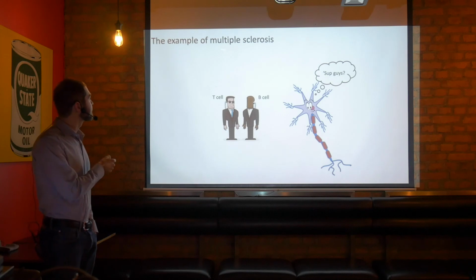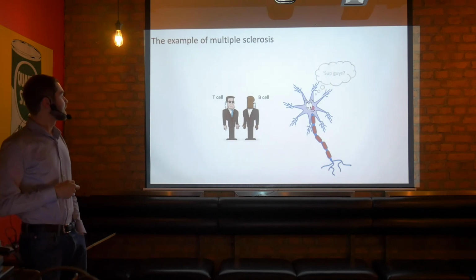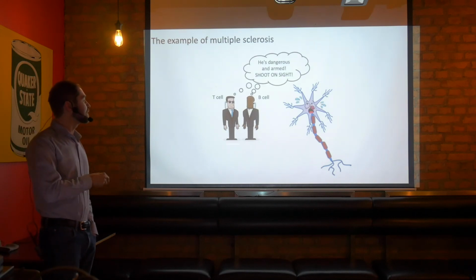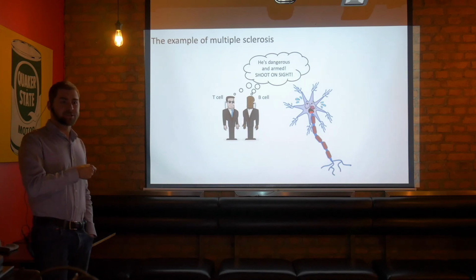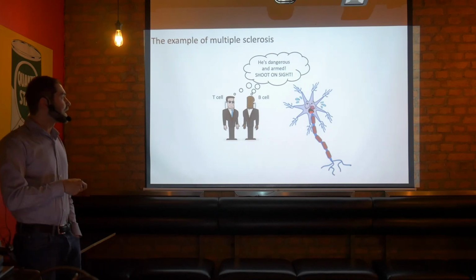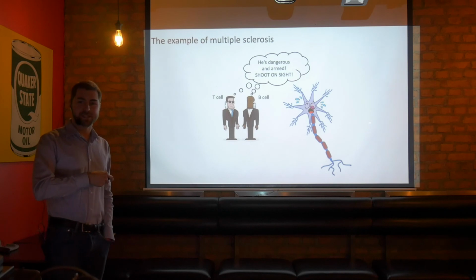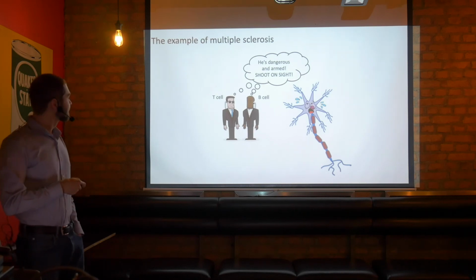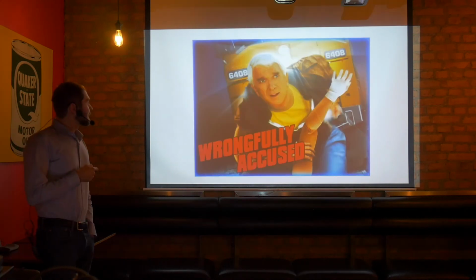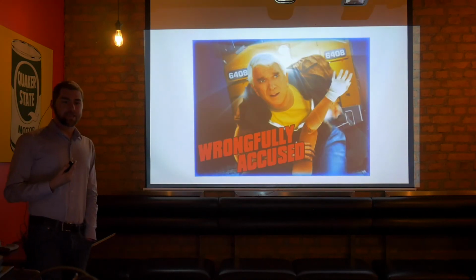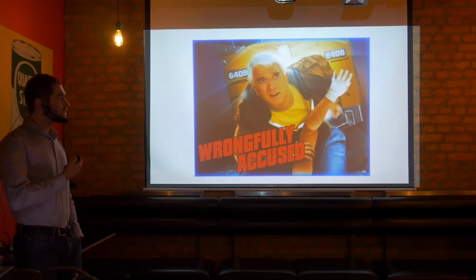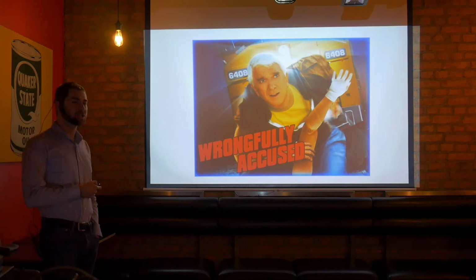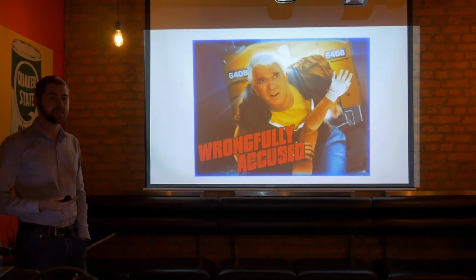But when there is multiple sclerosis, what happens is that the immune system believes for some reason that the neuron is dangerous for the body. And so they attack the neuron. We could imagine this as a judiciary mistake in which an innocent guy is accused of a crime that he didn't commit.